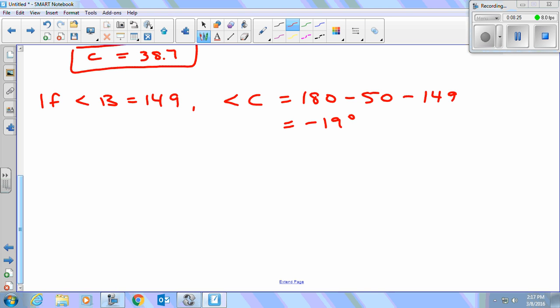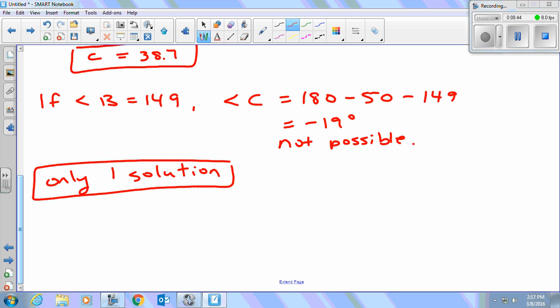Well, it's not possible to have a negative angle in a triangle. So there's only one solution, and that's the solution that we already have, where angle C is 99 degrees and side C is 38.7 units.